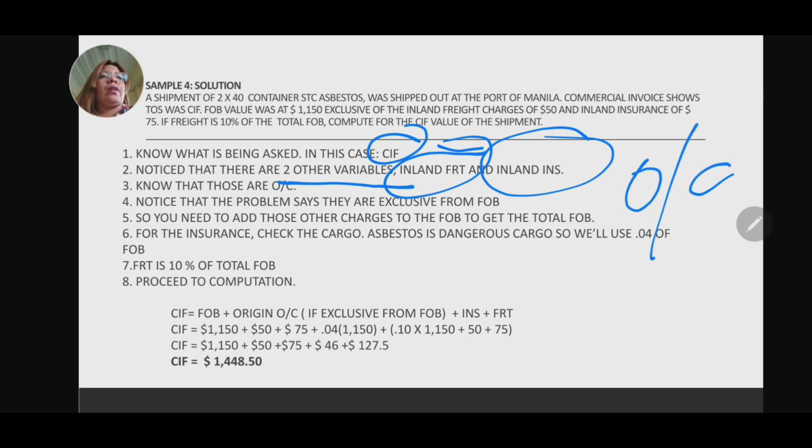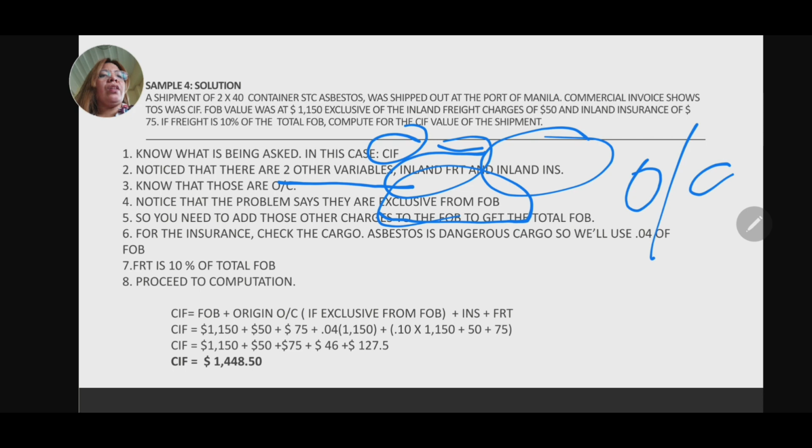And the problem is saying that they are exclusive from the FOB, meaning they are not yet added to the FOB. And we all know that origin other charges should be added to the FOB to get our total FOB.